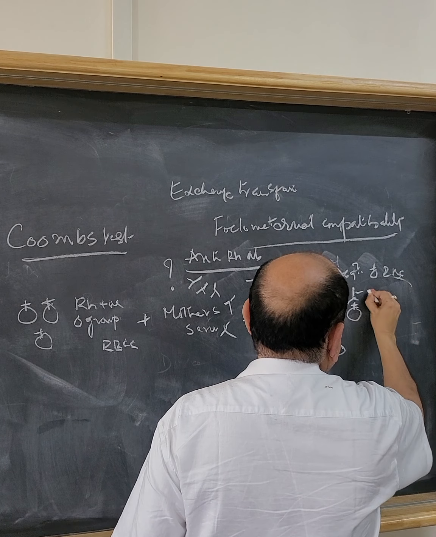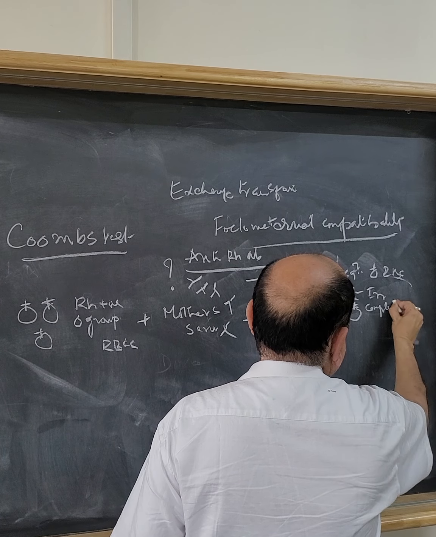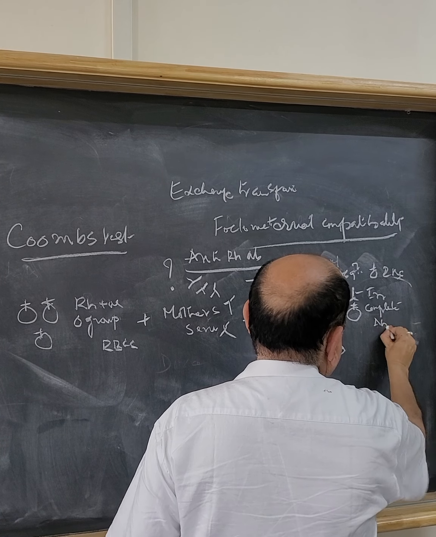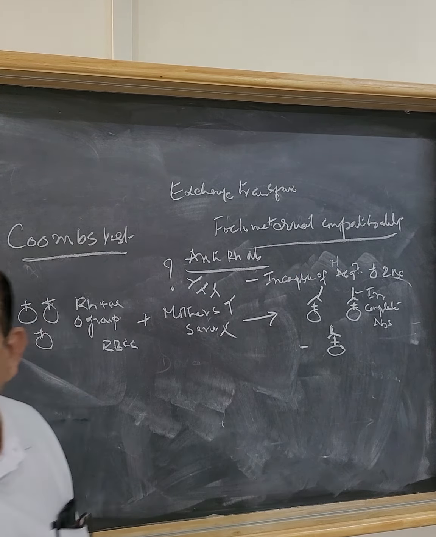They are incomplete antibodies. Are you clear? Although there is an antigen antibody reaction, you cannot see it because they are incomplete to cause agglutination of RBCs.